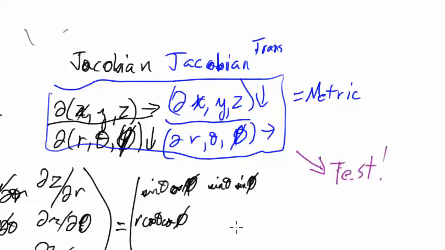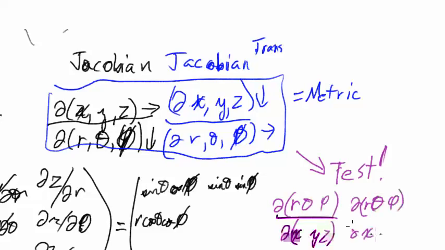I'm not 100% confident, but it seems to be what Euler is saying right now, that this would be the inverse of del r, theta, phi, del x, y, z, with this going that way, that way, that way, that way.